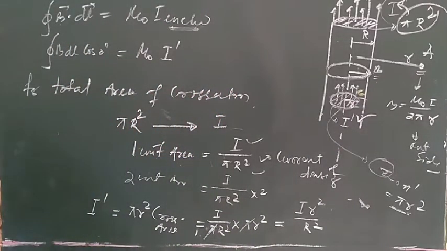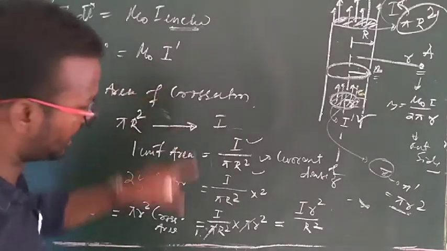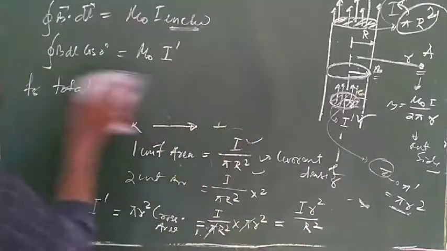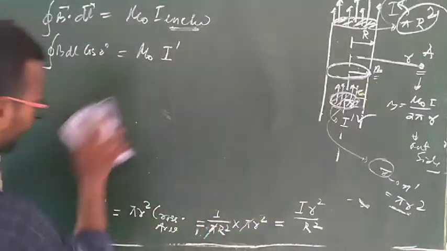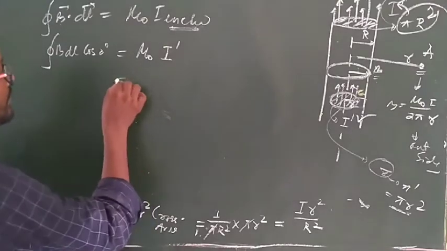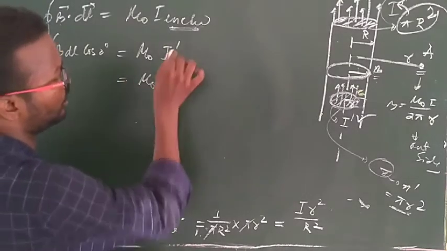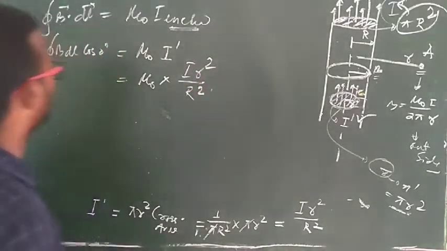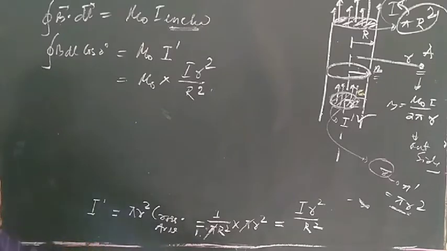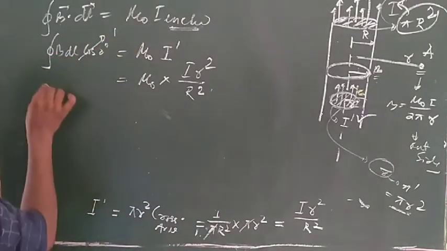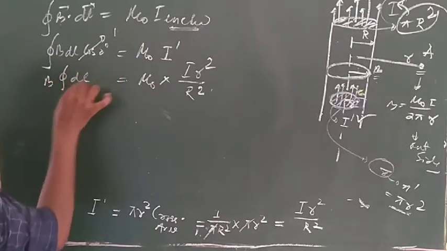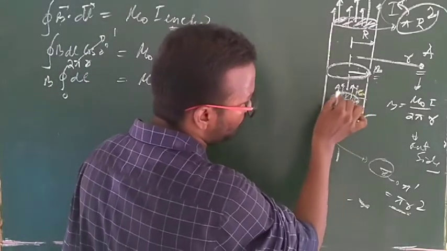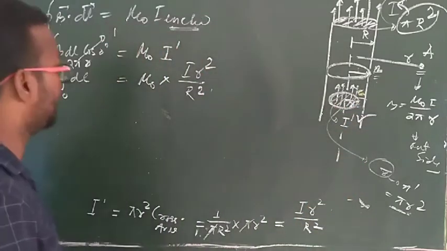So now we have to use this relation here. I dash equals I by pi r square, the pi cancels, so I r square by capital R square. If we use this relation, mu naught into I dash equals mu naught I r square by capital R square, and B dl cos theta, cos 0 equals 1. B is a constant quantity, so we can write the integral of dl from 0 to 2 pi small r, that is 2 pi r.